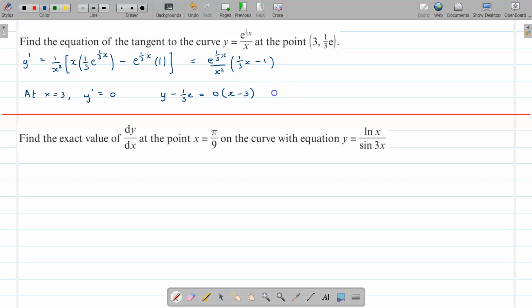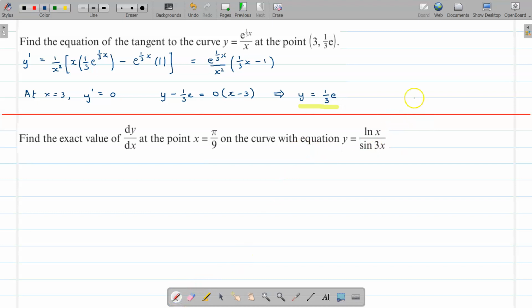So I'm left with y must equal a third of e. And that's the equation of the line. And that's a horizontal line, of course, because a third e is a constant. And we know it's a horizontal line anyway because the gradient is 0. And that's the answer. So slightly unusual question because, as it happens, the gradient is 0 at that point.